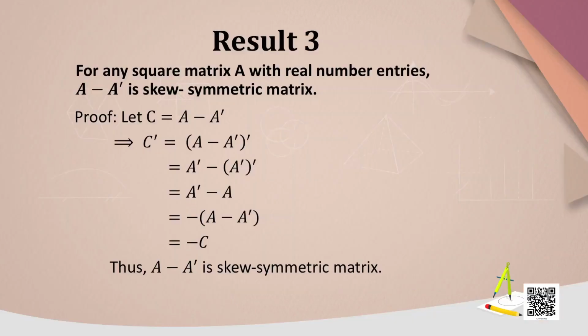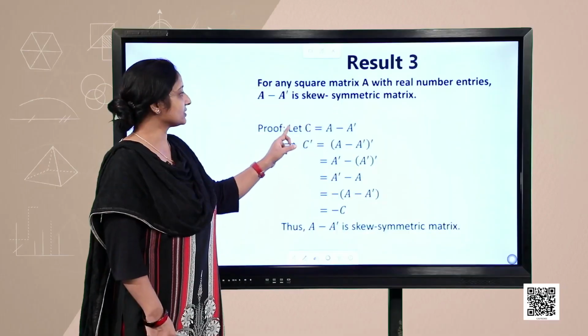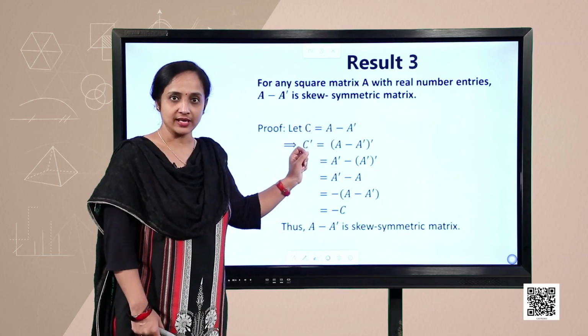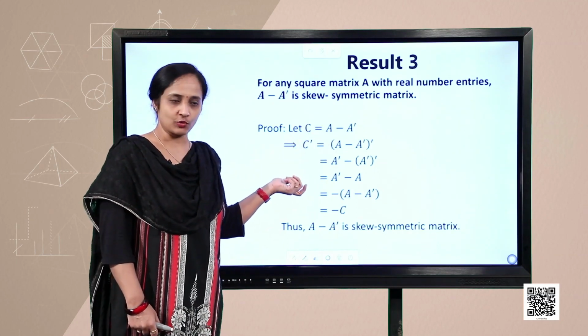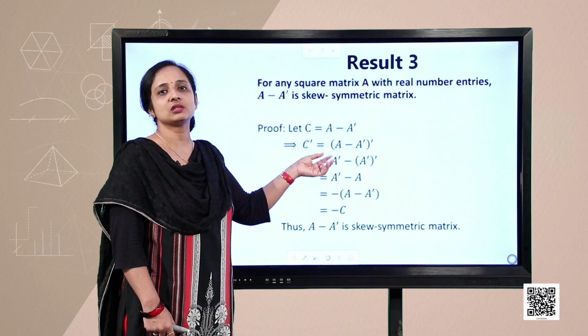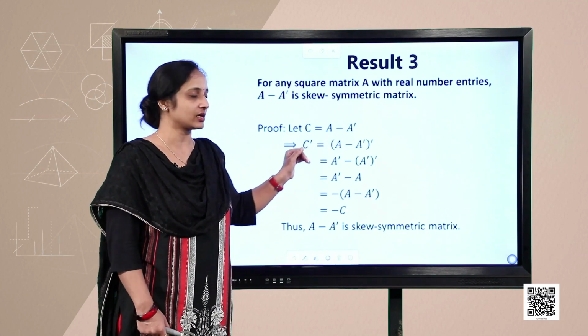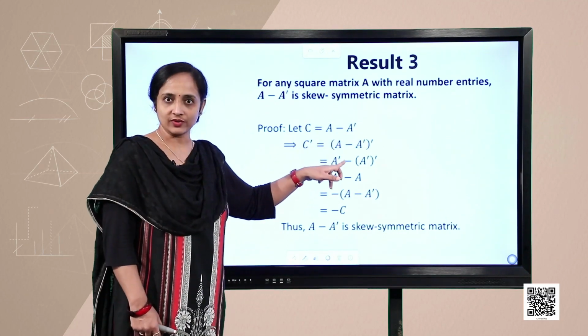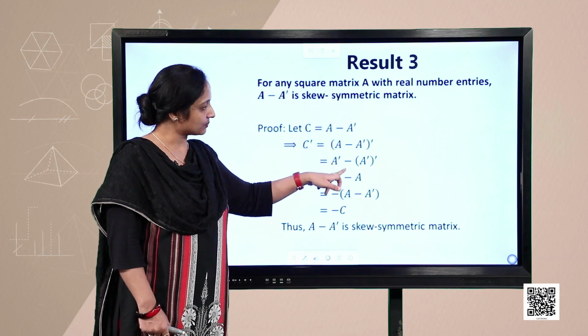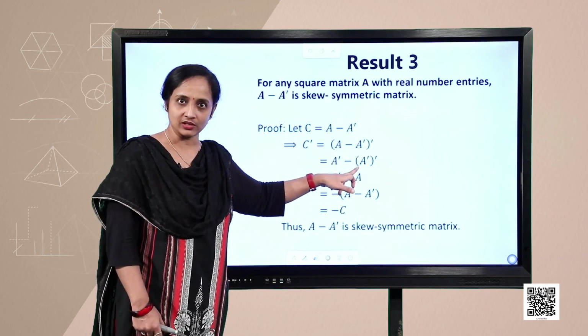So, let us study one more result. For any square matrix A with real number entries, A minus A transpose is a skew symmetric matrix. Let us take C as the matrix A minus A transpose, take transpose of both the sides, that means C transpose is equal to A minus A transpose whole transpose. Take transpose term wise again, A transpose minus transpose of A transpose.